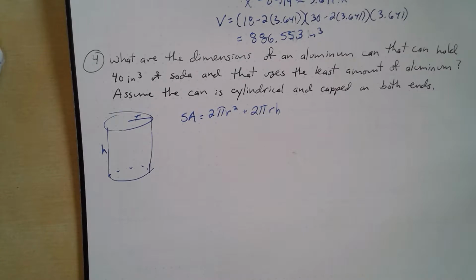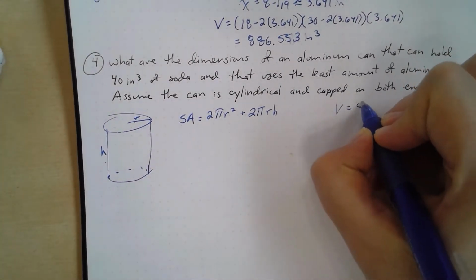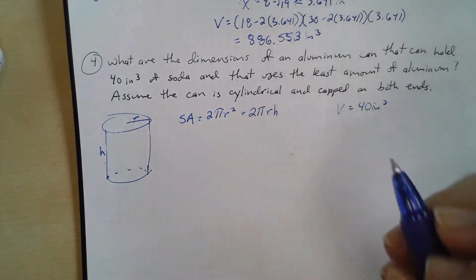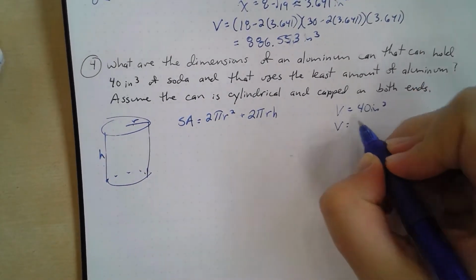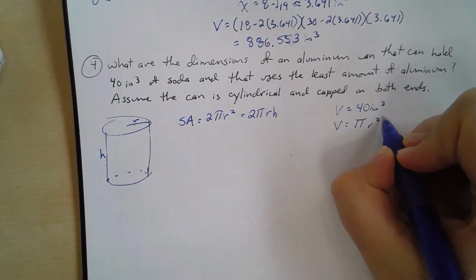So we want to figure out what our radius is. Well, the can holds 40 inches cubed of soda, so our volume is equal to 40 inches cubed. And the volume of a cylinder is equal to pi r squared h.